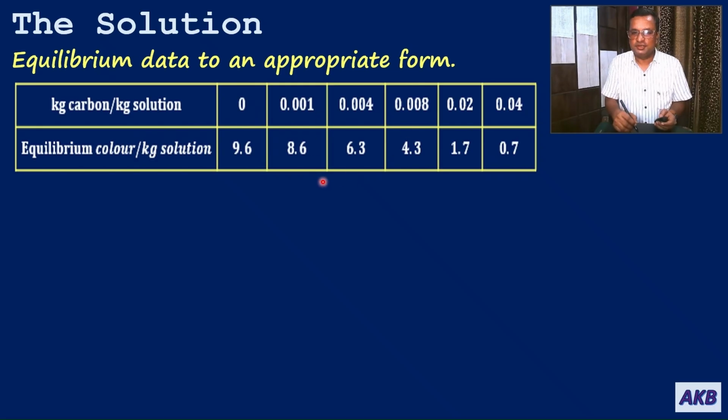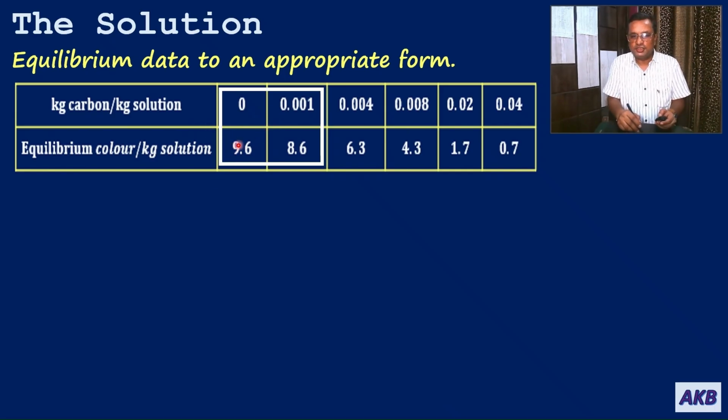So you have this table. This is given to us. Now, if you look at the first two columns, kg carbon per kg solution. In 1 kg of solution, if you increase the carbon content from 0 to 0.001, that is, you are adding 0.001 kg of carbon to the solution, what happens to the color?